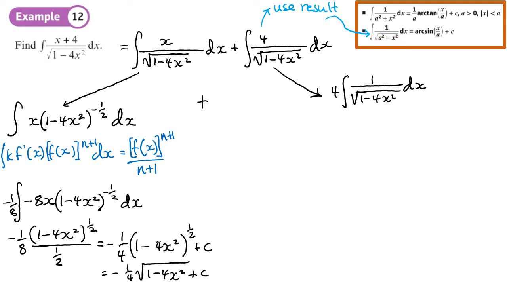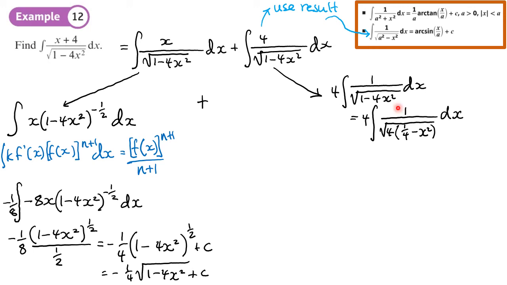So that will give me 4 here, then 1 over, I'll take the 4 out as a factor. Well, it's not really a factor, but I'm going to take it out anyway. And then a quarter minus x squared dx.